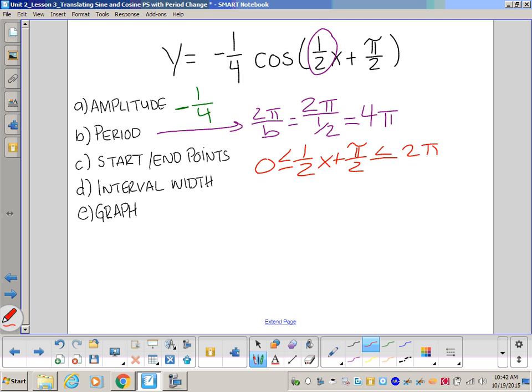So I start, like I did last time, by subtracting pi over 2 from both sides. So 0 minus pi over 2 gives us negative pi over 2. 2 pi minus pi over 2 gives us 3 pi over 2.